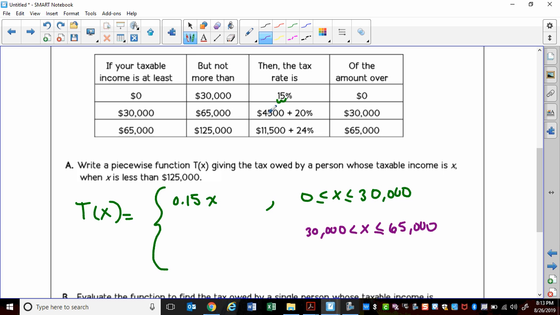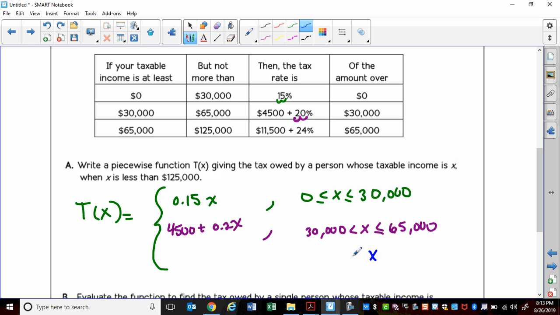Then your tax is going to be 4,500 plus 0.2, move this over twice, times x, however much you make.